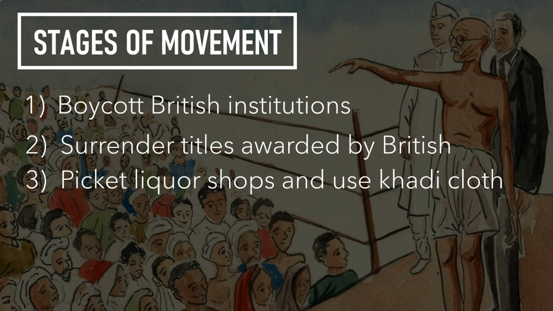And lastly, Indians picketed liquor shops, which means to block the entrance, and they began to promulgate the use of khadi cloth. And this was directly against import of mill-made, mass-produced, manufactured cloth, which was being imported from Britain. And so as a replacement, people began to use khadi cloth, which was manufactured by hand, spun by hand in Indian hand looms.